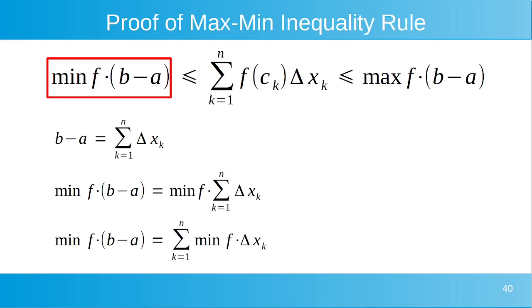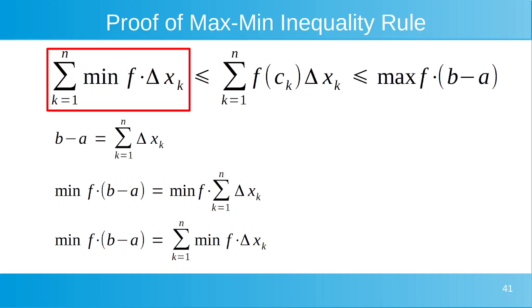We express min f times b minus a as being equal to the sum from k equals 1 to n of min f times delta xk. And we replace min f times b minus a with these terms here. And that's what we've now done in the inequality at the top of the screen.